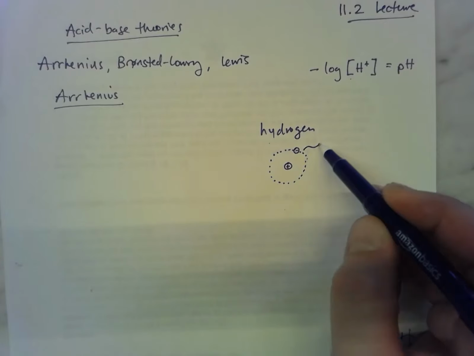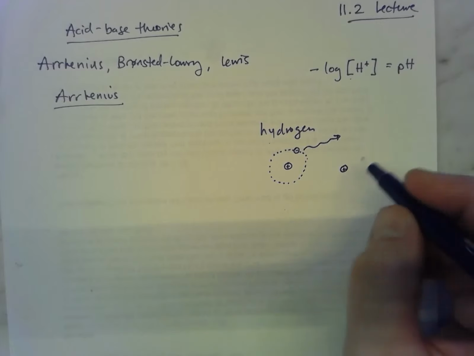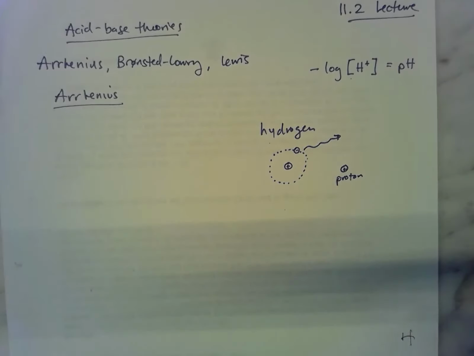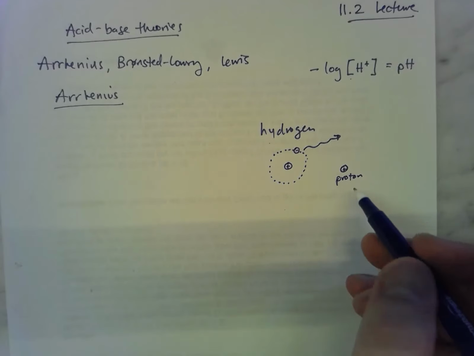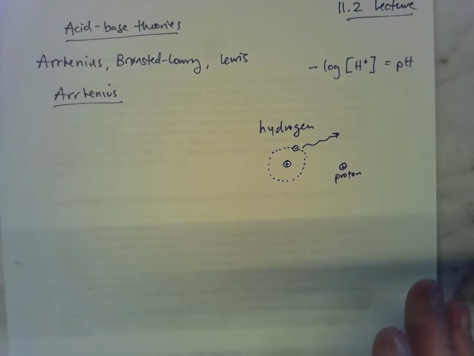Well, if this guy goes away, that just leaves us a proton. And it's weird to think of hydrogen, which has properties and is an element. You take away its electron and it's just a naked proton, which I think of as a basic building block without any properties of its own.